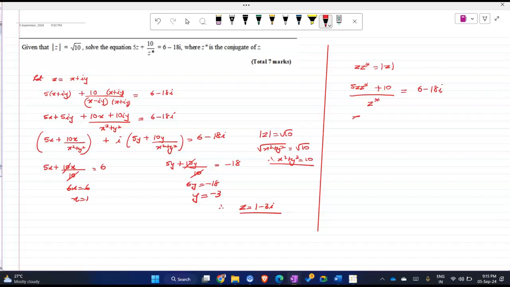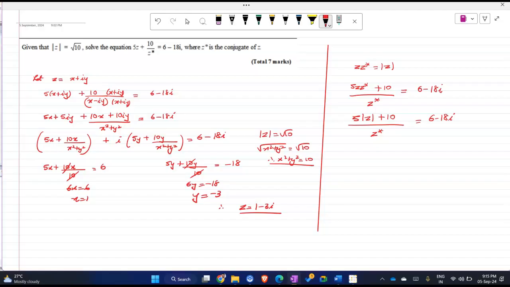So z into z star is mod z squared, plus 10 upon z star. Z star is basically a minus bi, you can call it.